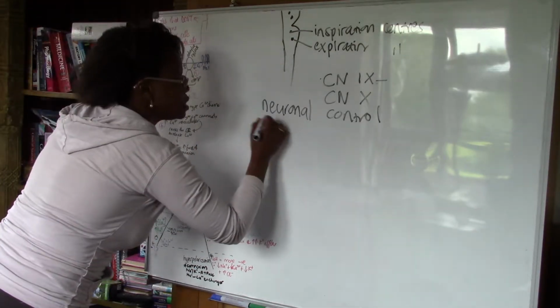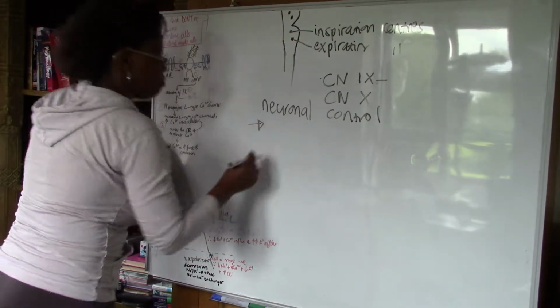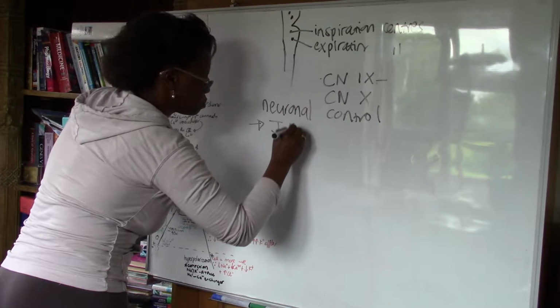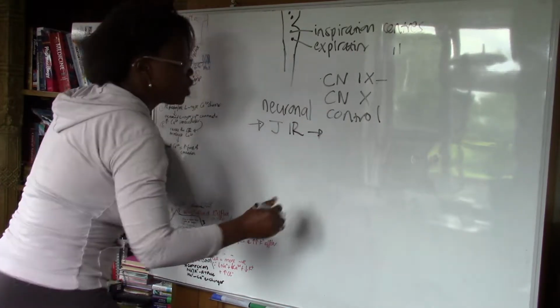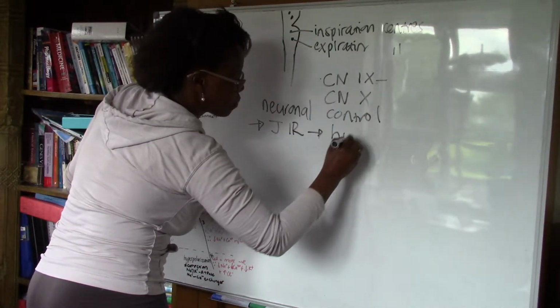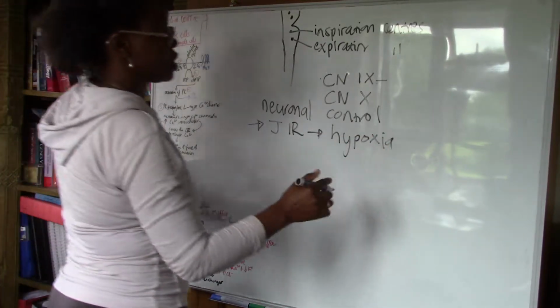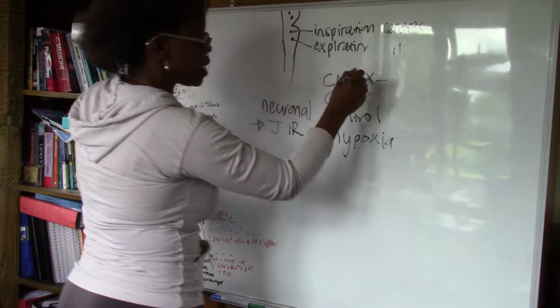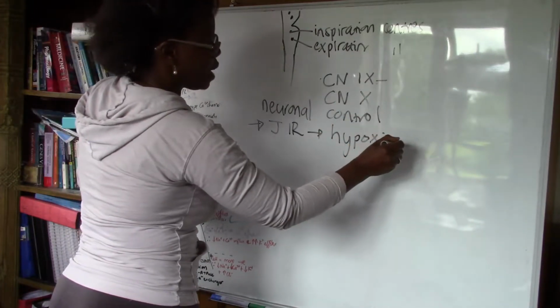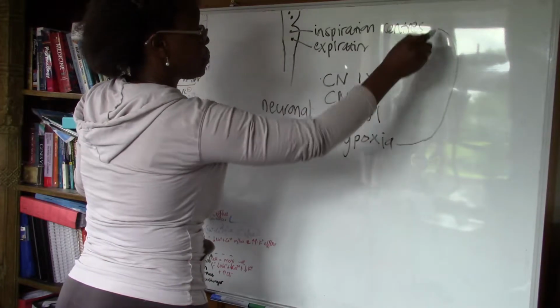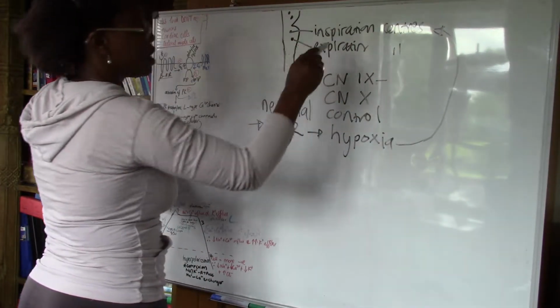So this is basically based on the J receptors, which sense hypoxia, and when they sense hypoxia, they stimulate cranial nerve 9, and that then goes on to activate the inspiration centers.